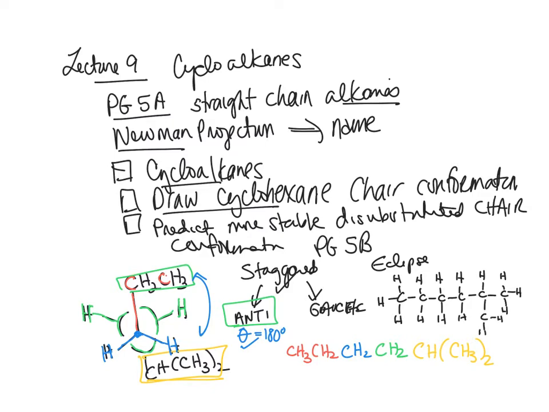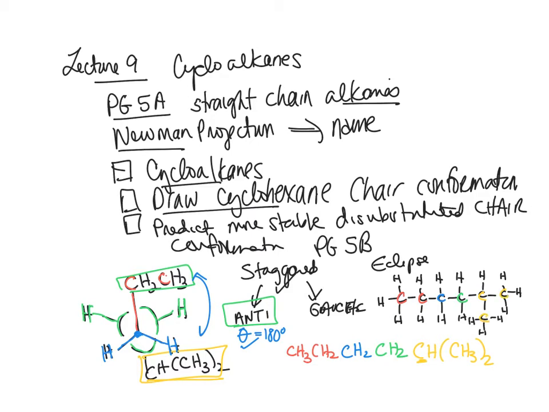You need to get the structure out of the Newman. Let's check our carbons. We have the red ones there, the blue here, the green here, and then this CH, and then the CH3 and the CH3.